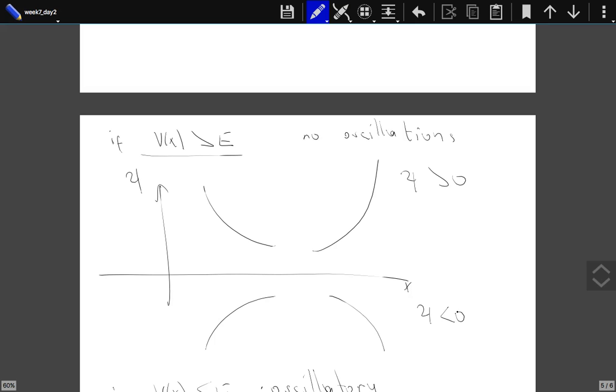If it's initially going towards the psi equals 0 line, it will try to avoid it, whether from the positive side or negative side. If it's already going away from the psi equals 0 line, it will go away faster. So there's no oscillation over there.